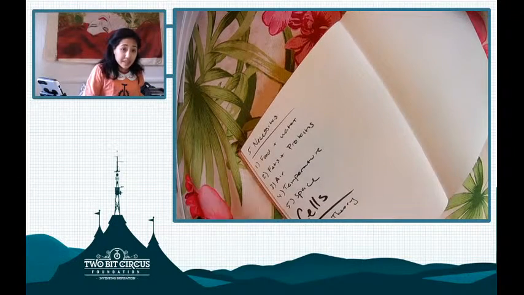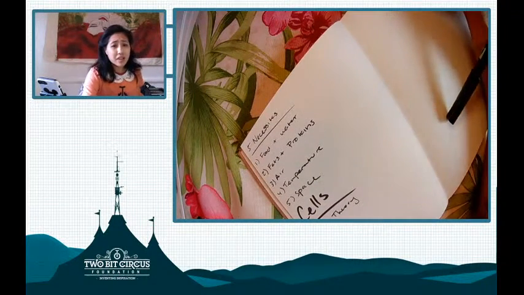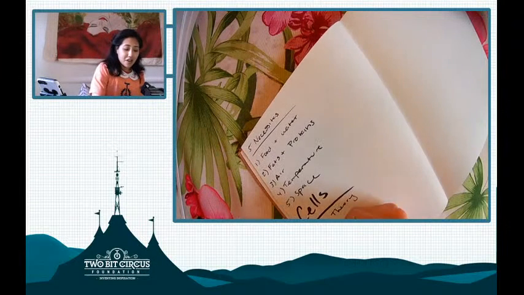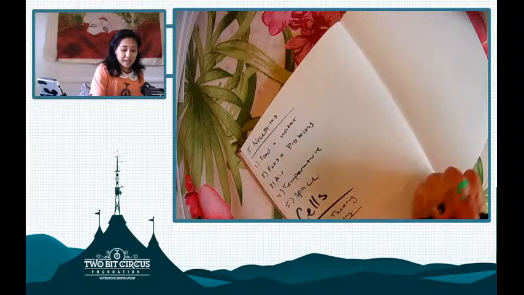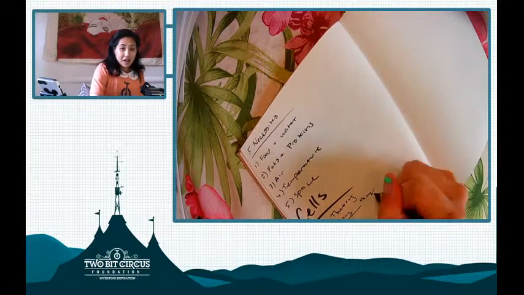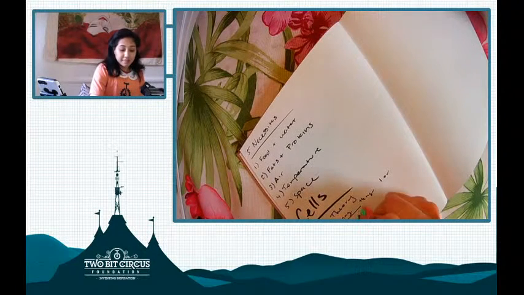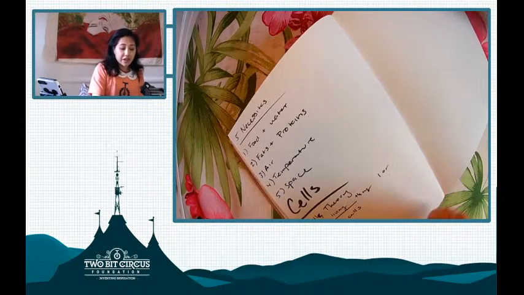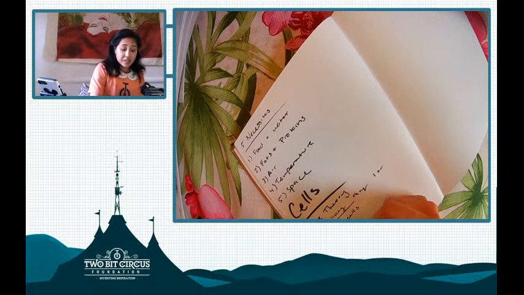Cell theory is one of the basic concepts of biology. It states that, number one, all living things are made up of one or more cells. All right, seems fair enough. Number two is that the cell has to carry out the functions needed to support life.